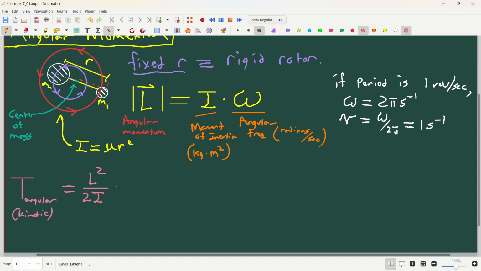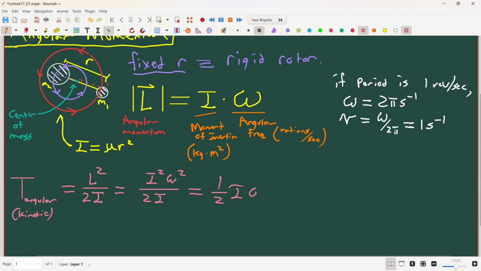I just want to convince you that this is kinetic energy. I did this last class, I'm just doing it one more time. If we plug in our value for L, I omega, we get I squared omega squared in the numerator, divided by 2I, which is just 1/2 I omega squared.